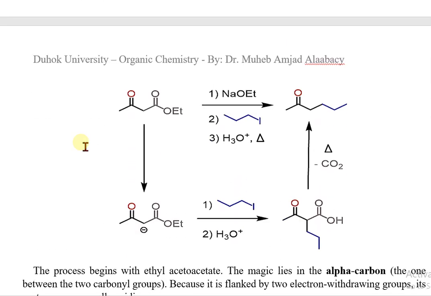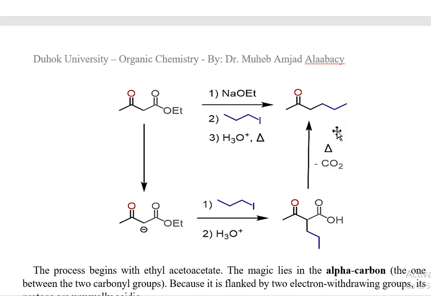If you look at this, this is a beta keto ester. The beta keto ester can be converted to the carbanion. The carbanion reacts with alkyl halide, then hydrolysis, so the ester is converted to the carboxylic acid group. The carboxylic acid group can be removed from the structure by decarboxylation with heating to give you the ketone.